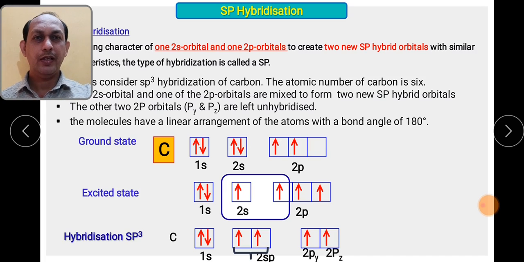This is the ground state electronic configuration. In the excited state, one of the 2s electrons is promoted from the lower energy level to the higher energy level, that is, from 2s to 2p orbitals.